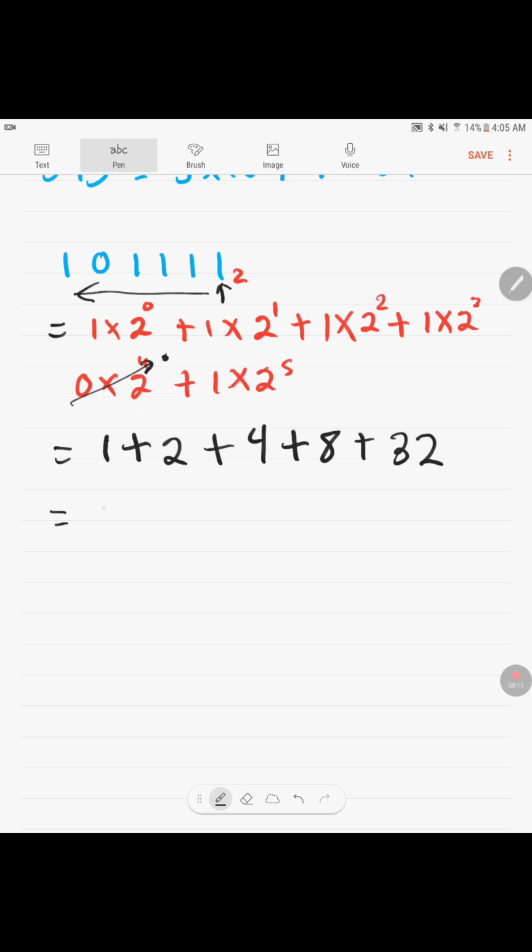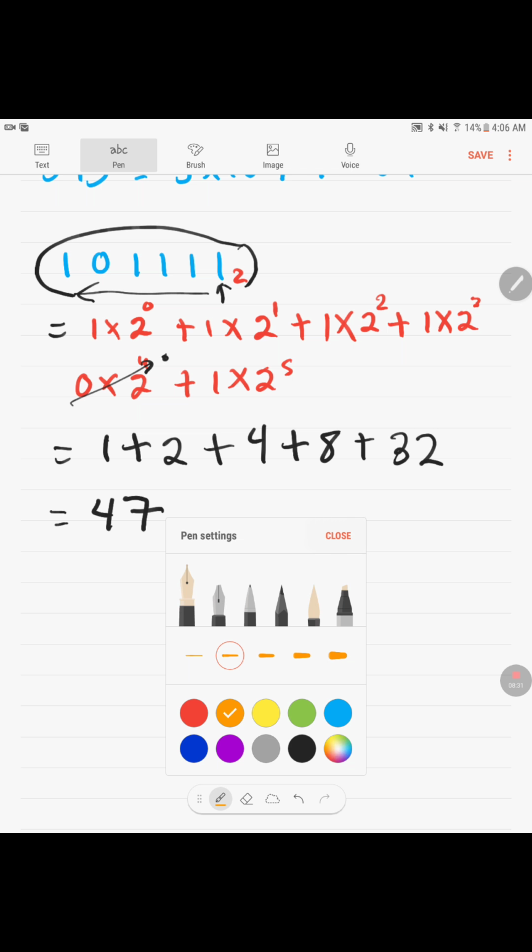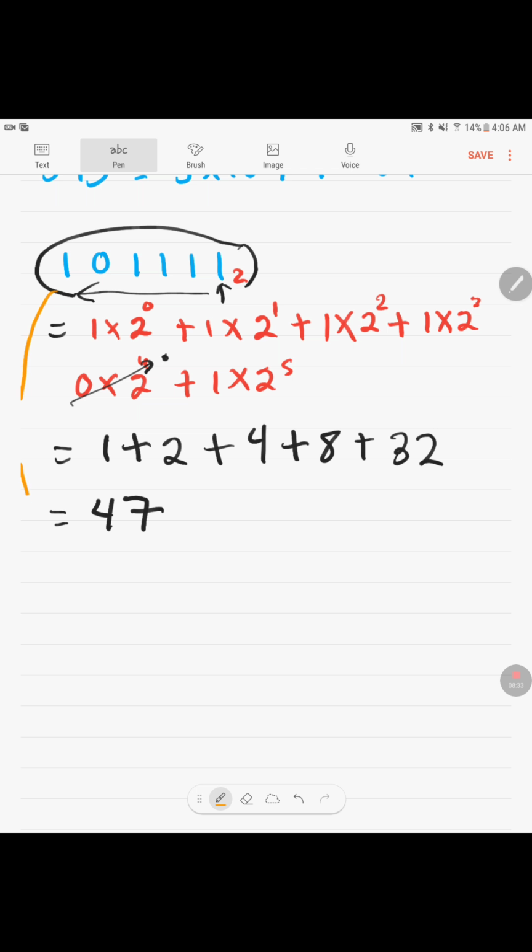So we could see that it's equal to 3 plus 4 is 7 plus 8 is 15 plus 32, it's 47. That's what this number represents in decimal.